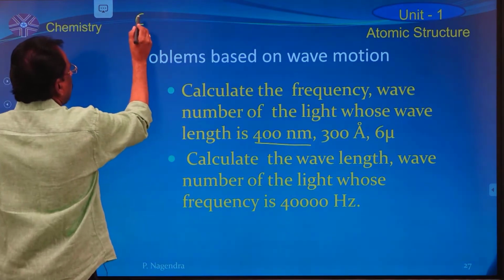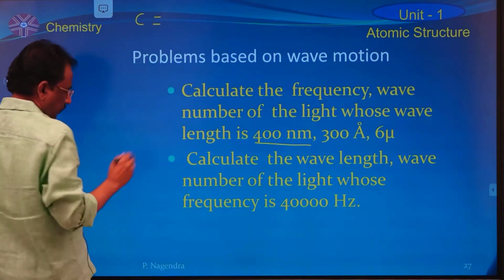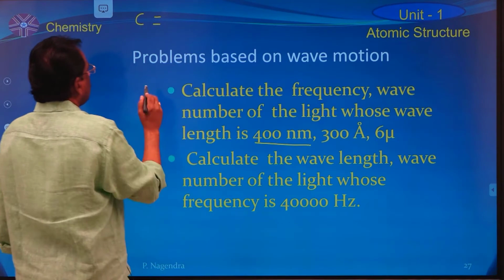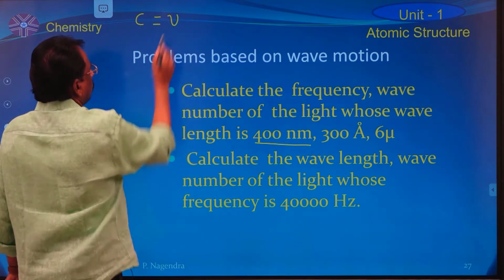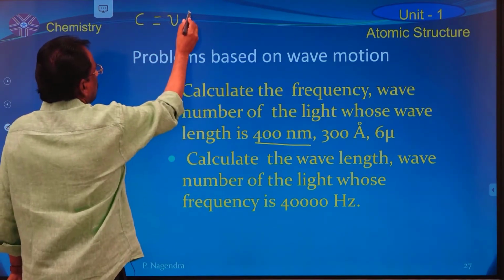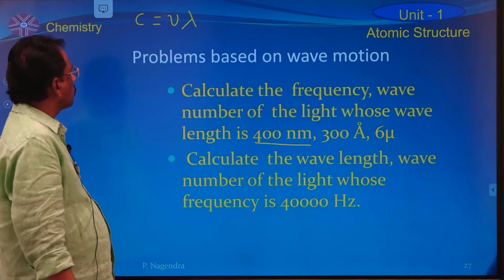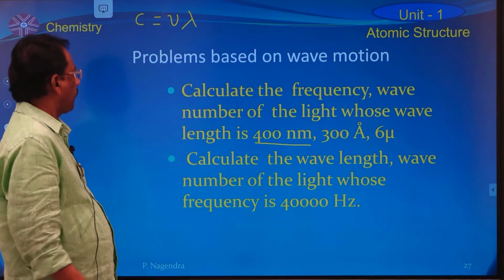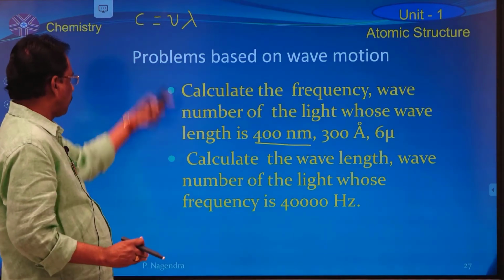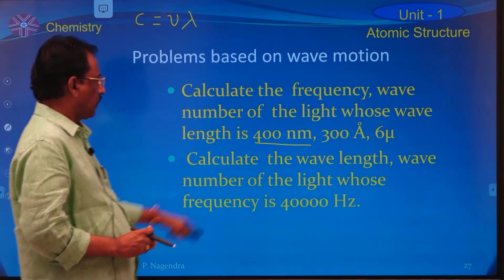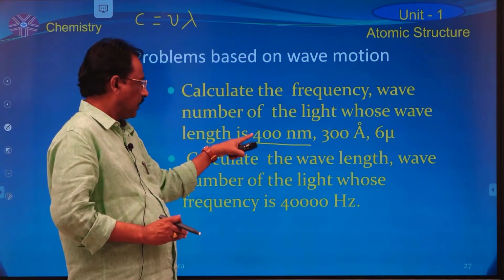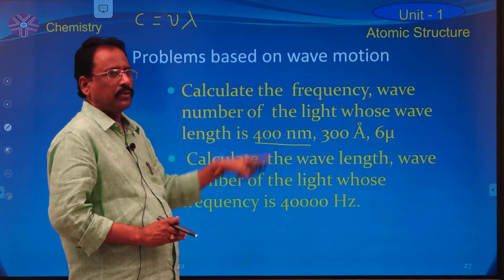The velocity of light c is the product of frequency and wavelength of the radiation. So c is equal to nu into lambda. Apply this formula to calculate frequency if you know the wavelength of the radiation in different units.